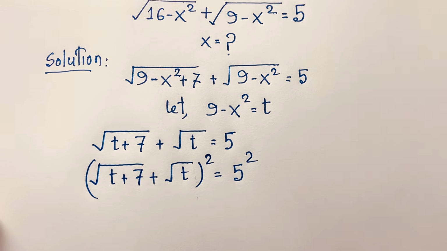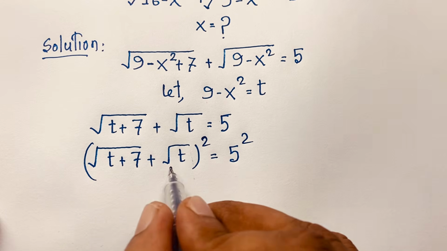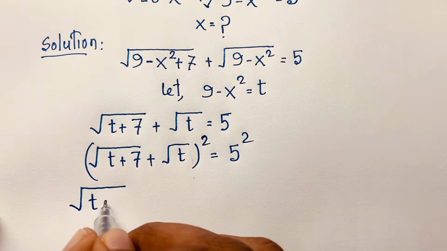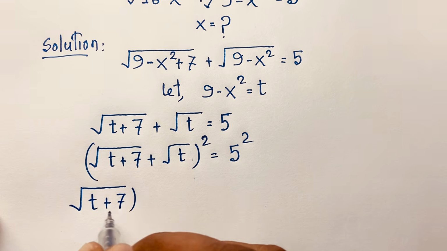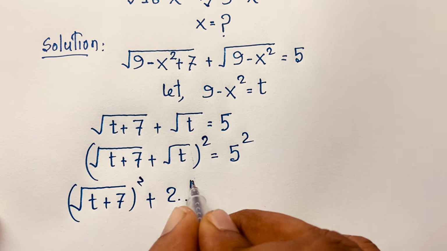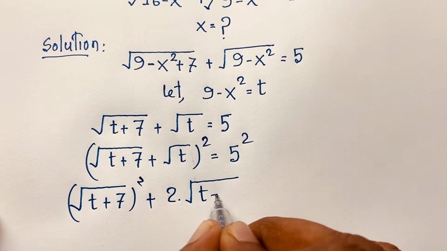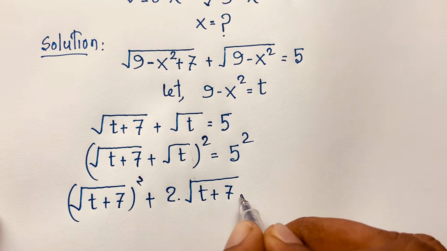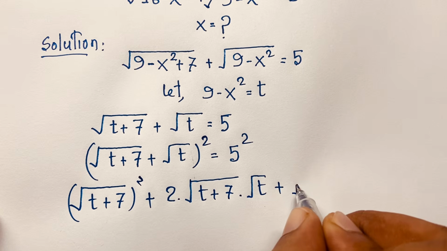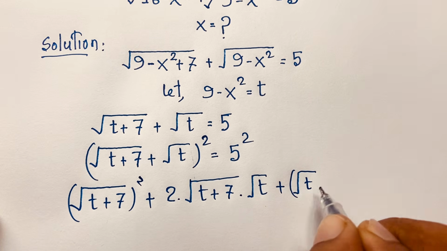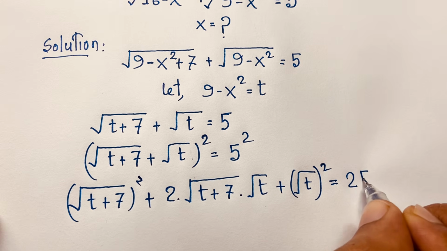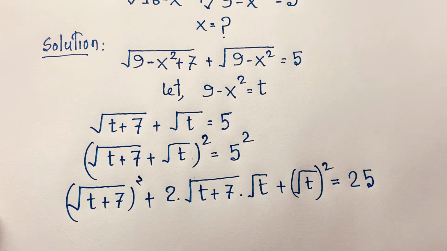Now it will be (a plus b) whole square, so which is square root of t plus 7, bracket power is 2, square, plus 2ab, where a is square root of t plus 7 times b is square root of t, plus square root of t bracket power is 2, I mean b squared, is equal to 25. Because 5 to the power 2 is 25.